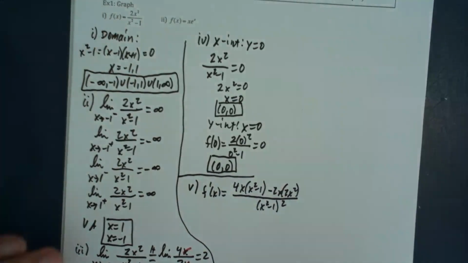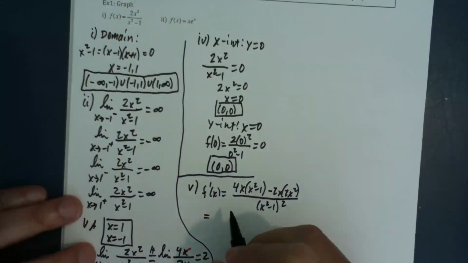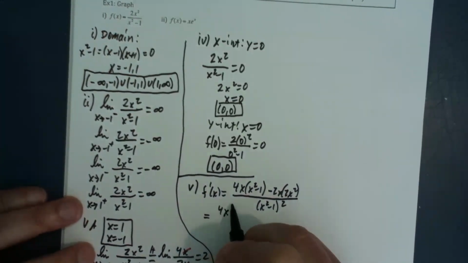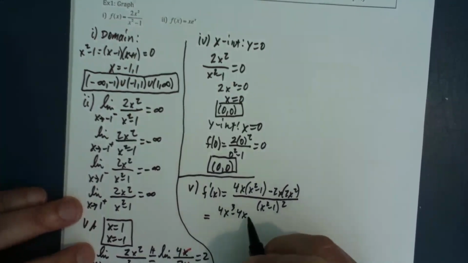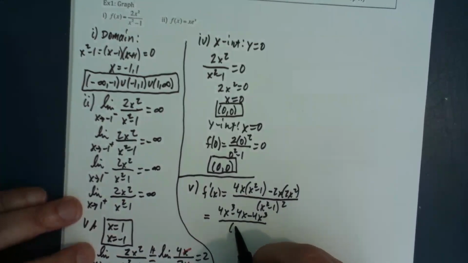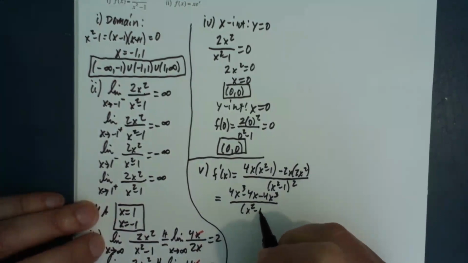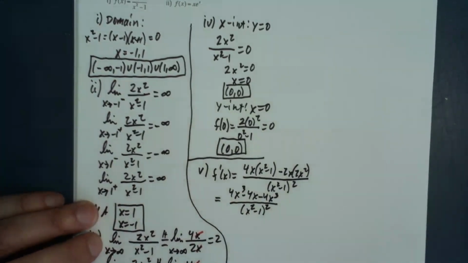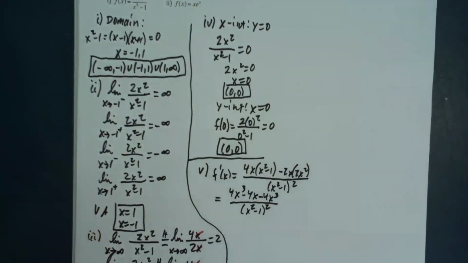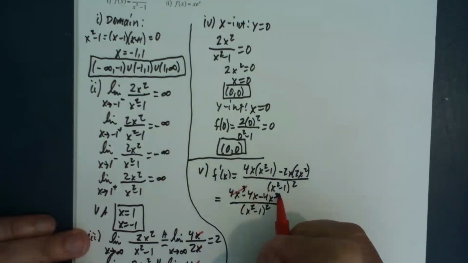And let's clean that up a little, because we're going to set that equal to 0. And it looks like we get 4x cubed completely reducing out.